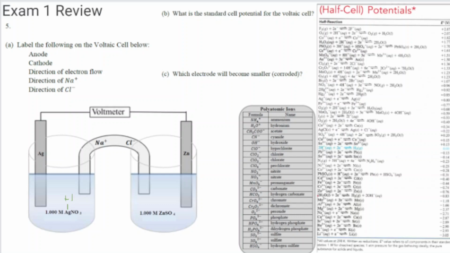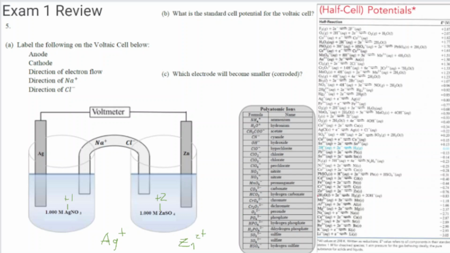Then we'll find the oxidation number of zinc. Looking at SO4, we'll see it down here on the bottom, it has a -2 charge. So that means our zinc must have a +2 charge. All right, so now we know that we're dealing with silver plus and zinc 2 plus.